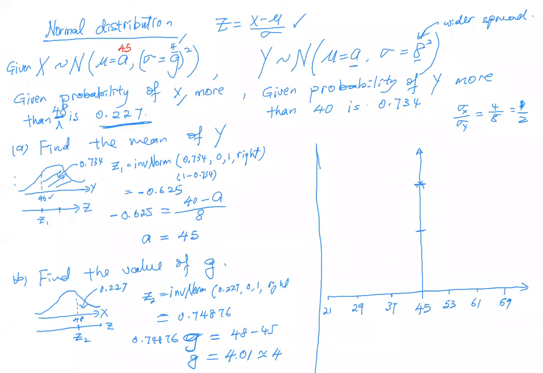So this is for X in blue, for Y in black. So Y will start here. Where is the inflection point? 1 standard deviation away. 2/3 down.